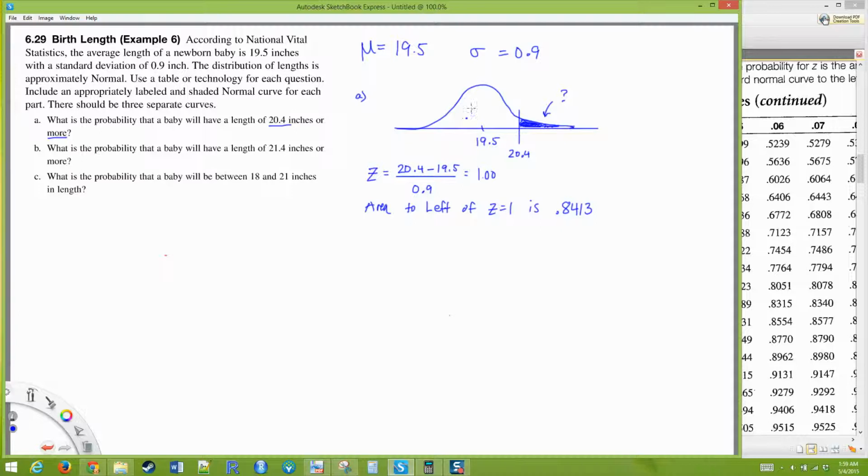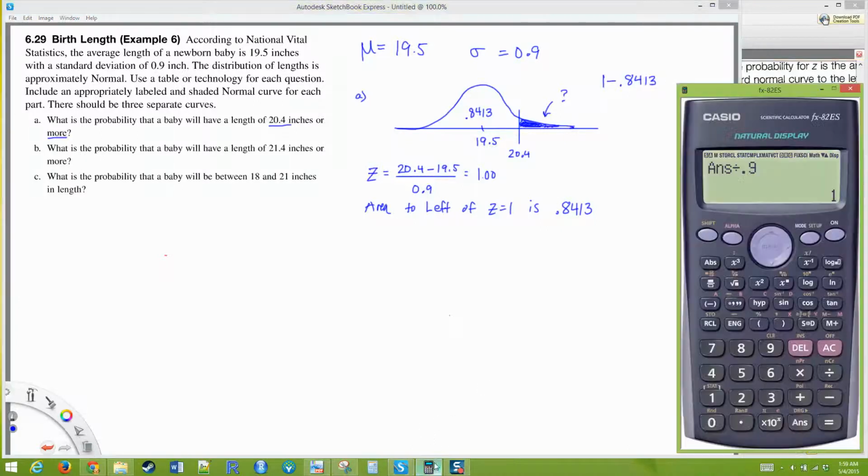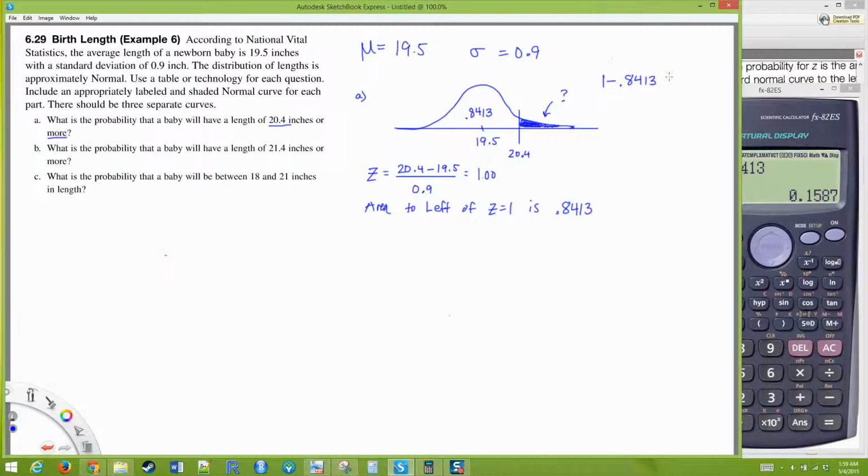That's going to be the area to the left of 20.4. But what I want is the area to the right, because it says 20.4 inches or more. So this area is going to be 1 minus 0.8413, and I get 0.1587. And that is the answer to part A, because we are asking for the area to the right of 20.4.